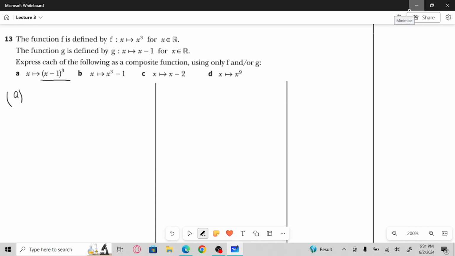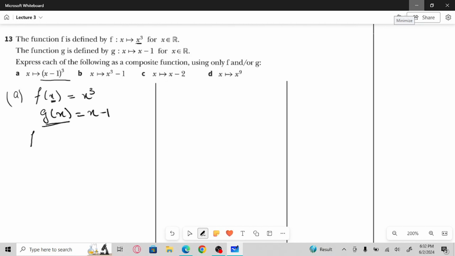Okay, now if we concentrate here, f(x) is given as x cubed and g(x) is given as x minus 1. So instead of inputting the value of x into the function f, why don't we input the value of the function g(x)?